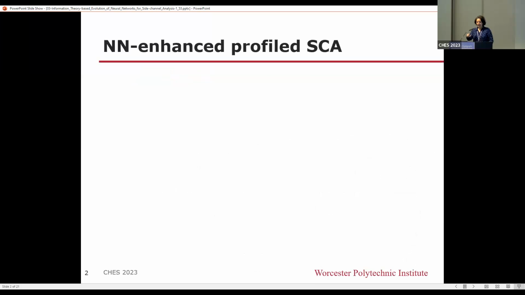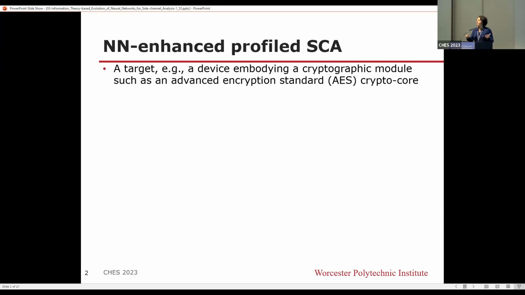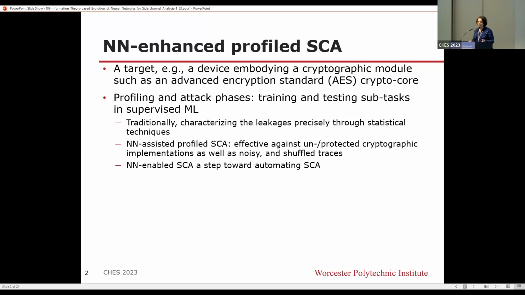Okay. So I was saying that now the motivation is quite clear to all of us for what reason we are using deep neural networks. We know that they can achieve great performance compared to the statistical traditional methods. We know that they can be applied to protected, unprotected targets.